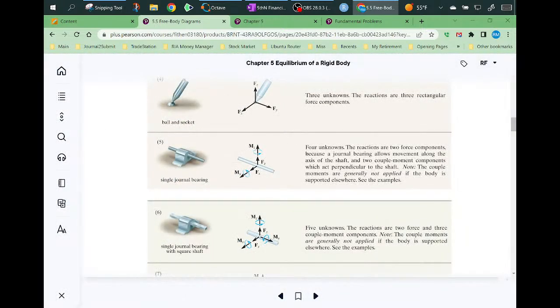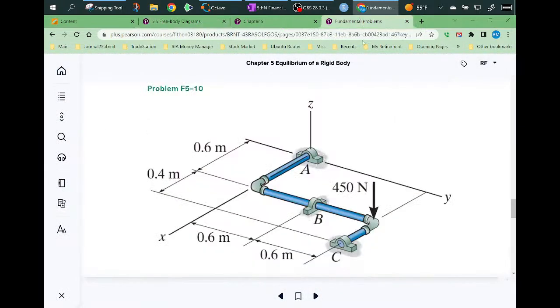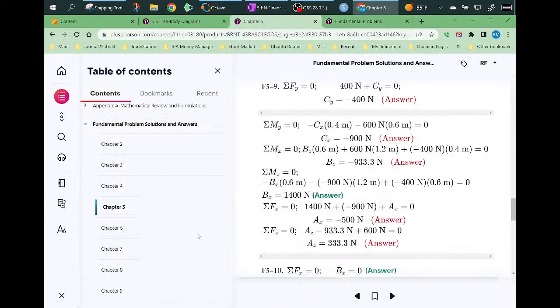Then he gives you a problem that contradicts that completely. Not only that, he works one in the solution that includes no moment.